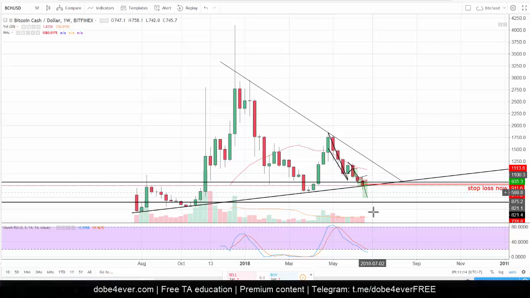Also, we're very, very extended on the downside, so we are overdue for a big bounce in crypto in general. But I still give a little bit more probability that we make the target first and then have a real bounce or a longer uptrend. I think the most likely is that we make the target at 500 and then we have either a big bounce, fast and vertical, or we just start uptrending for a longer time.